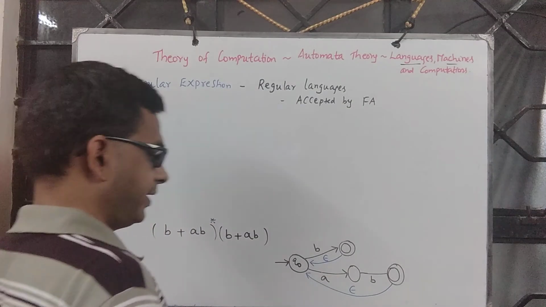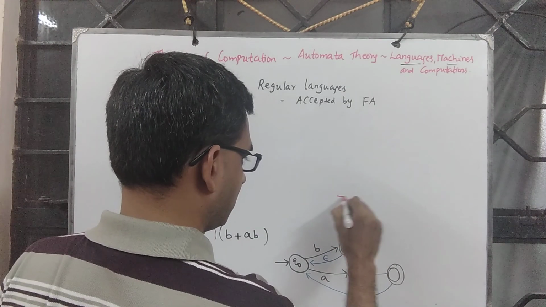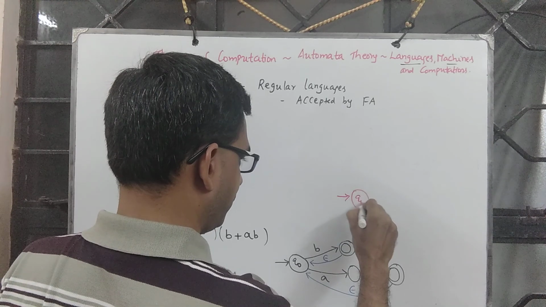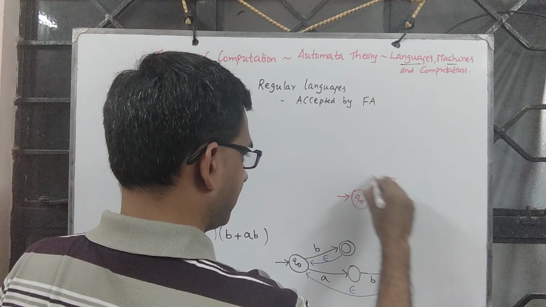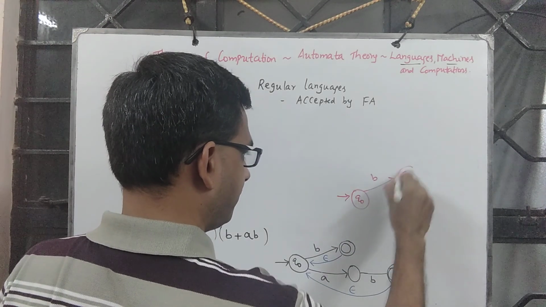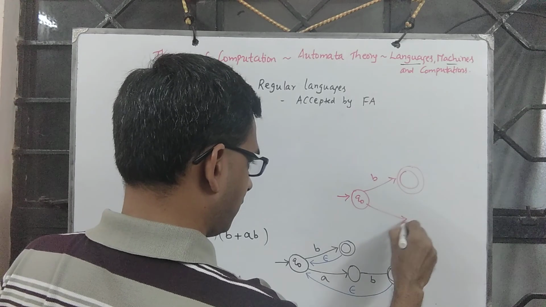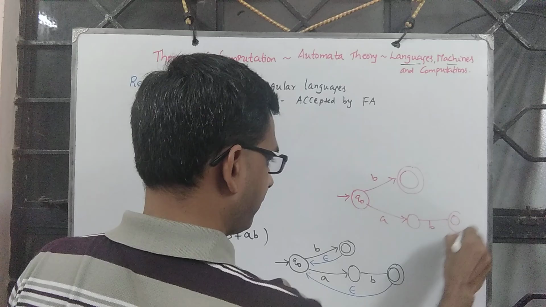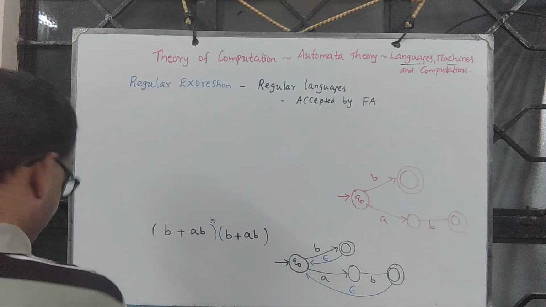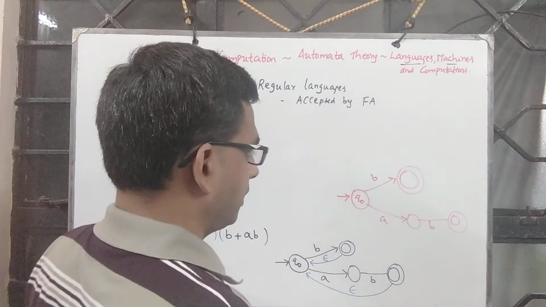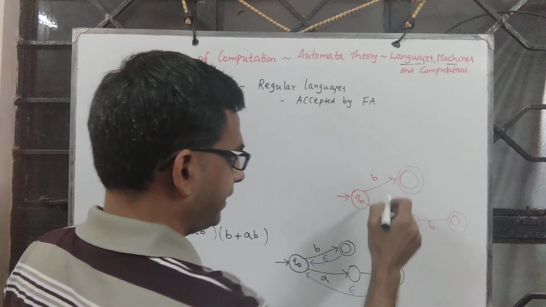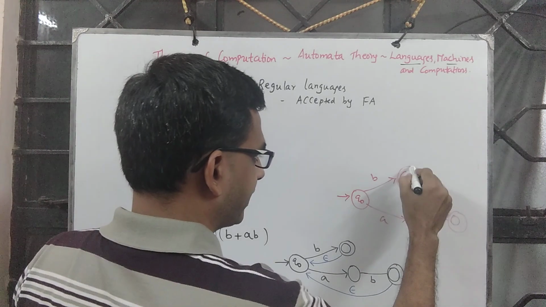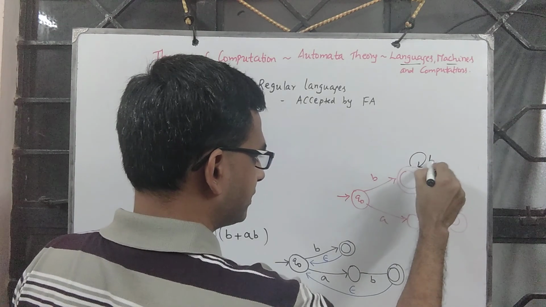One can also obtain a DFA for this. For example, Q0, on reading a B we go here, on reading A we go here, followed by a B. Now after reading this B, one can read any number of B's.